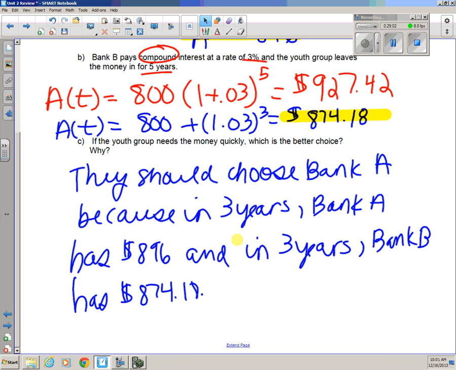So assuming they want it more quickly, in my opinion, that means 3 years to 3 years, they're going to go for Bank A because in 3 years they're going to have more money. If they can wait for 5 years, fine, then you go to Bank B. But if you want 3 years, there you go.